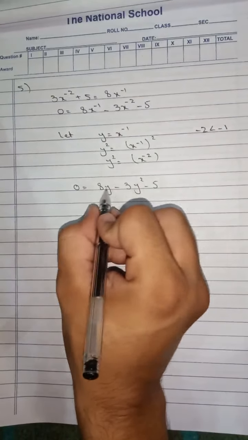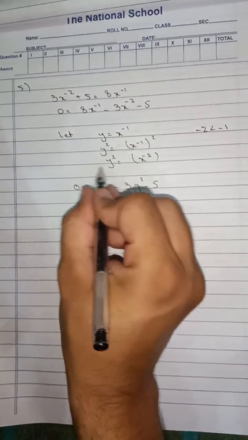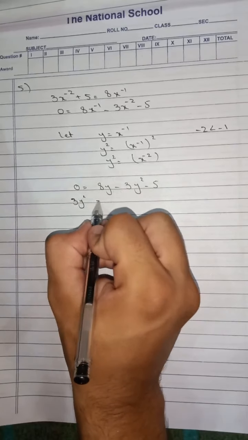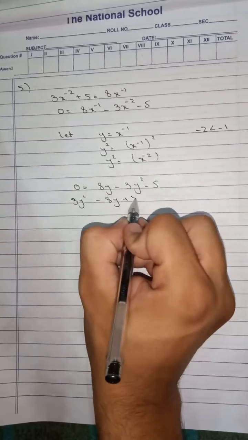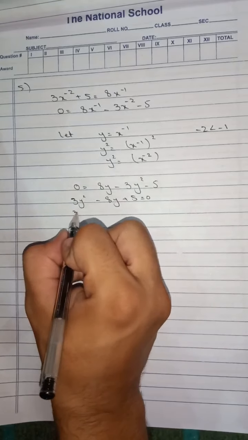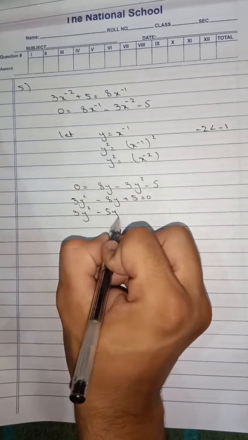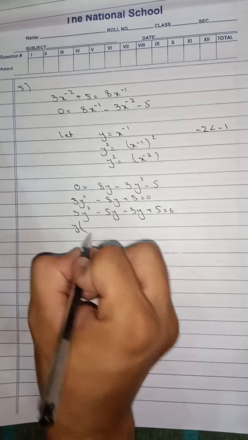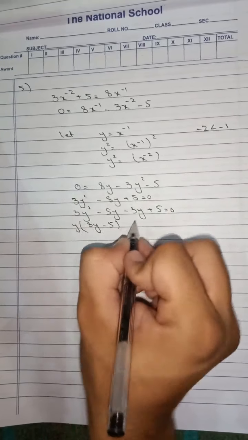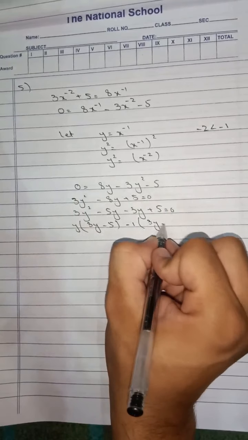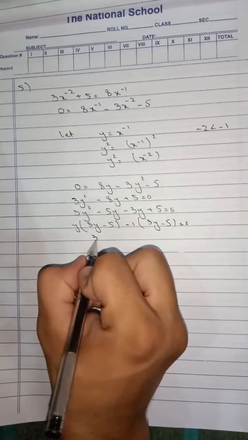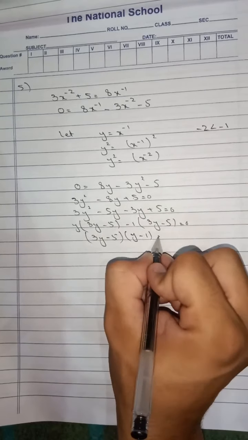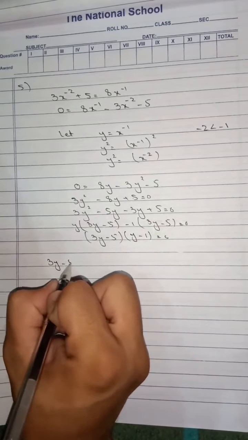Now reverse this, minus 3y square when it came to the left hand side, it is 3y square minus 8y plus 5 equal to 0. 5 3s are 15, they are the factors, minus 5y minus 3y plus 5 equal to 0. y common, 3y minus 5, minus 1 common, 3y minus 5 equal to 0. 3y minus 5 into y minus 1 equal to 0. 3y minus 5 equal to 0.